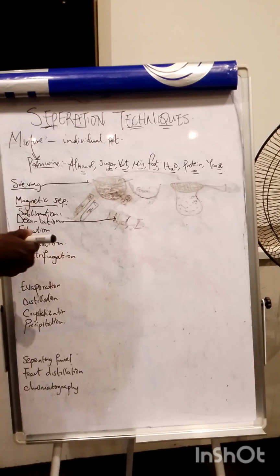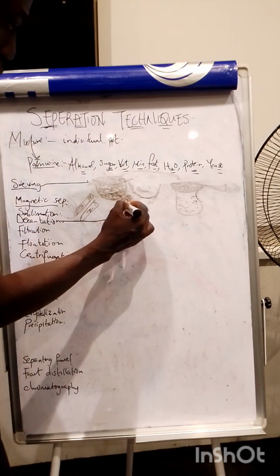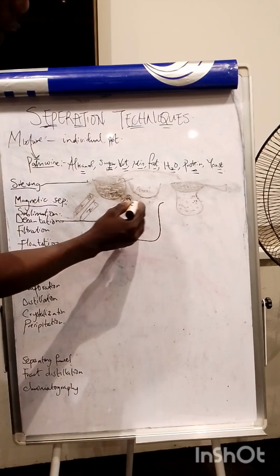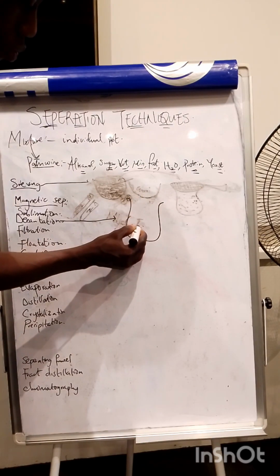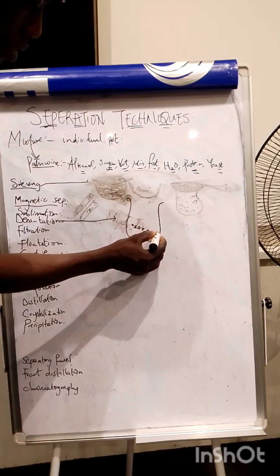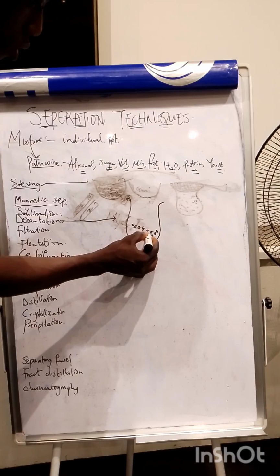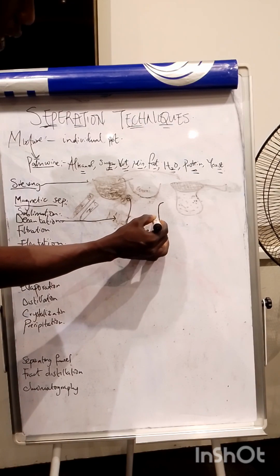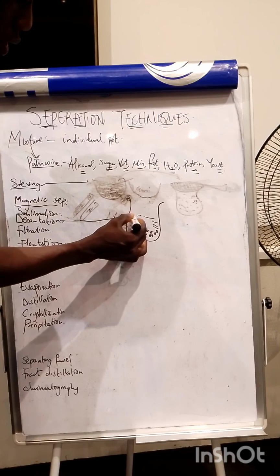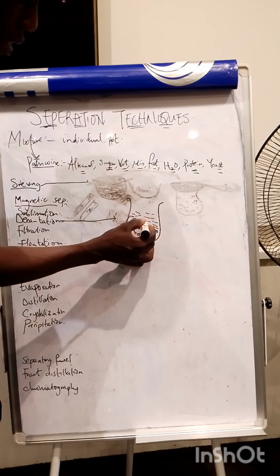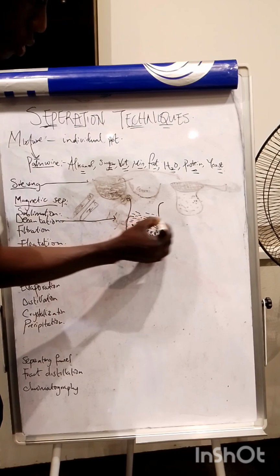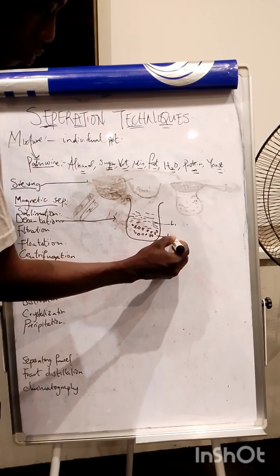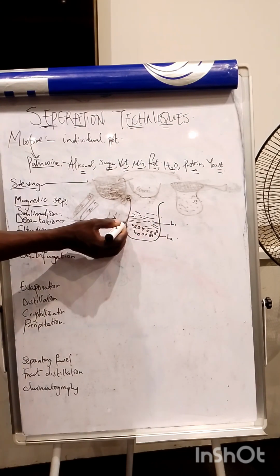Let's say this is our beaker that we use, and inside this beaker you now have solid particles and your normal water, thereby forming two distinct layers. Let's call this our layer 1, then this will be our layer 2. As you can see, it's in two distinct layers.